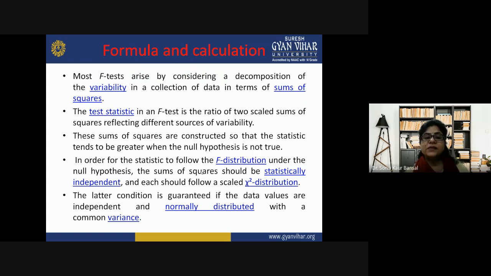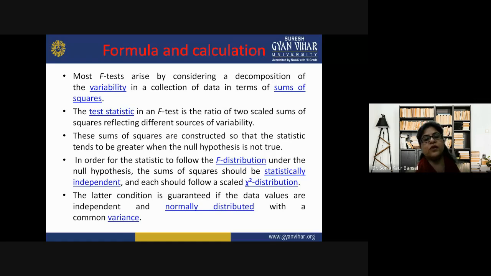The test statistic in an F-test is the ratio of two scaled sums of squares reflecting different sources of variability. These sums of squares are constructed so that the statistic tends to be greater when the null hypothesis is not true. All right.